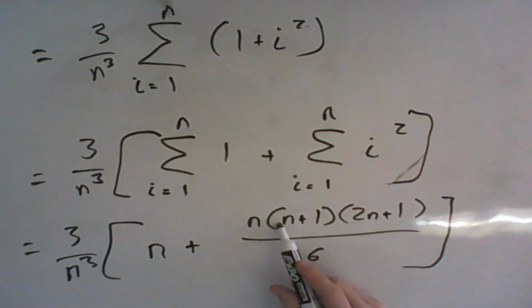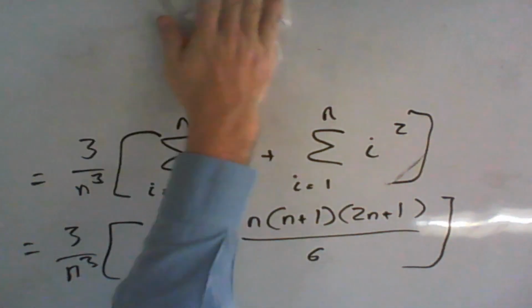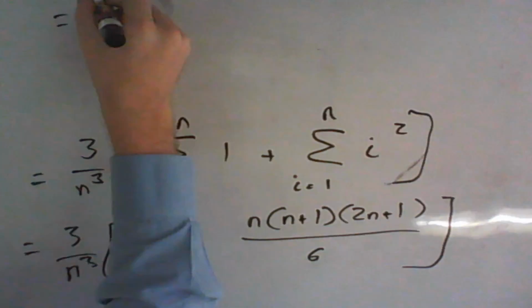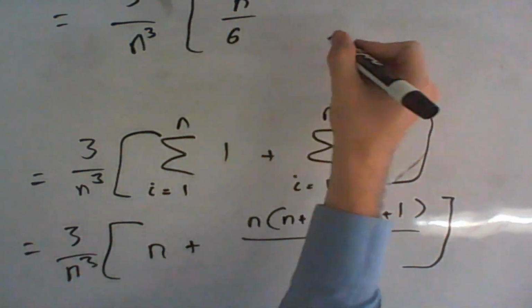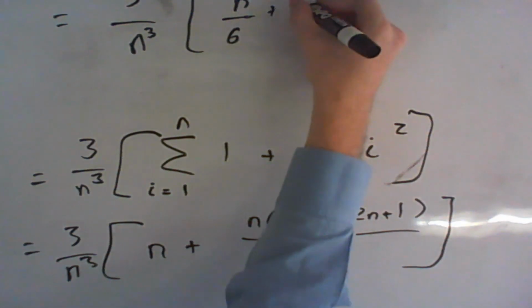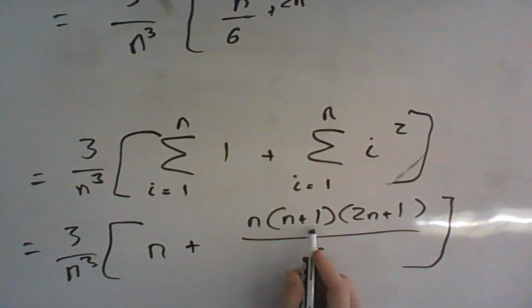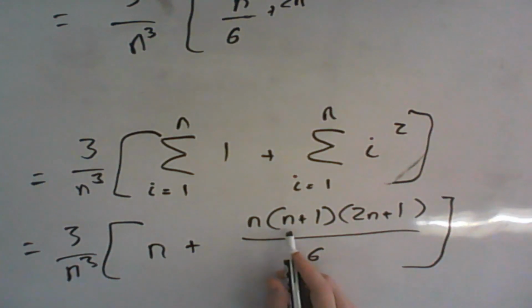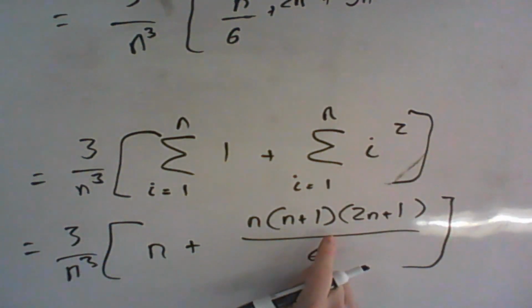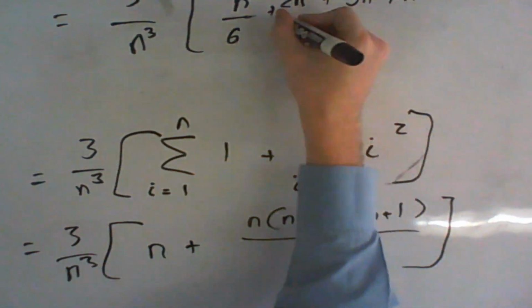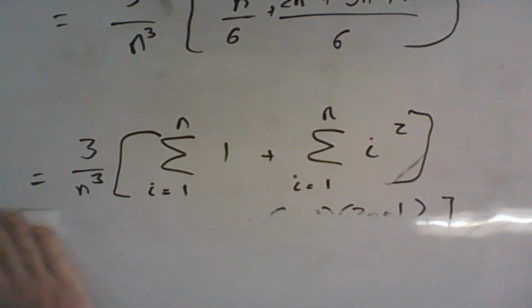If you multiply this out first, you're going to get 3 over n cubed times n over 6 times 2n cubed plus 3n squared plus n.